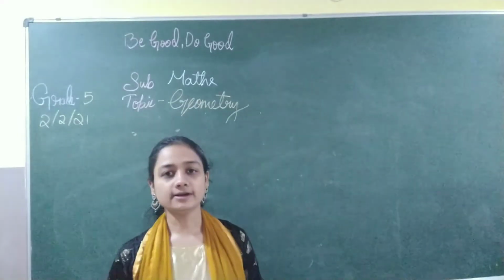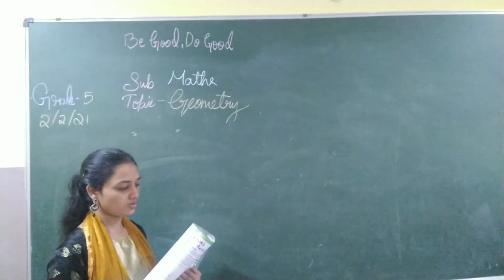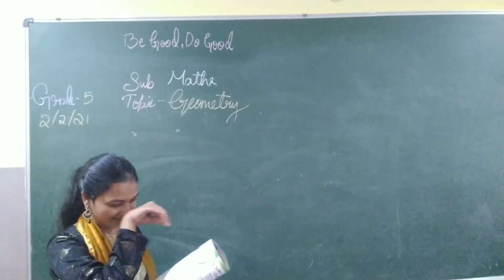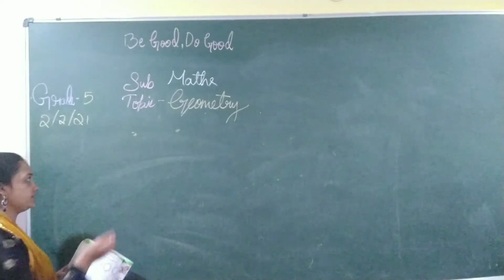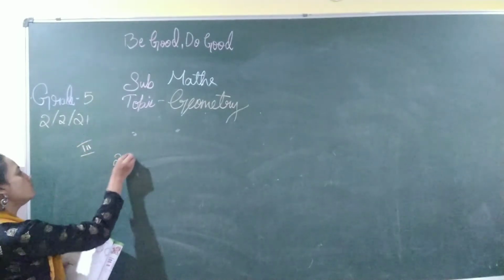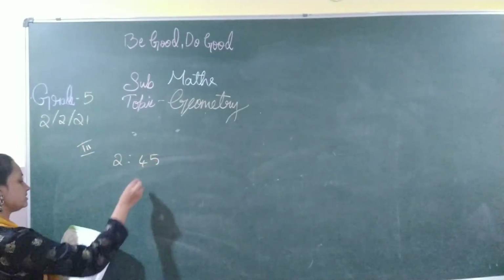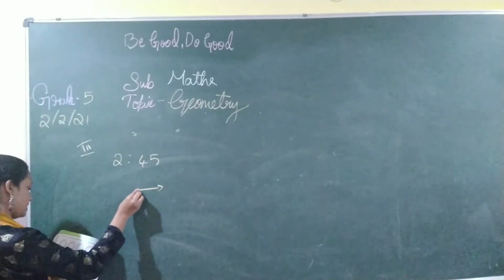So now see the third thing, children. Name the type of angles formed. Here marked in red, they have given a hint. That means third hint. 245. So I just draw the lines, children. That is the small hand, and 45 is here.